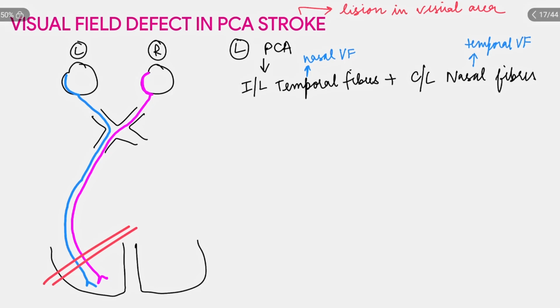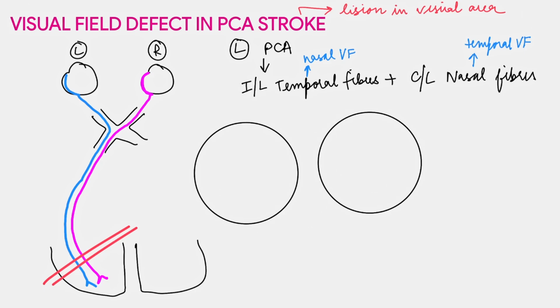So if I have to draw, if this is the eye, this is the left side, this is the right side, not really the defect. You have ipsilateral. In this case, ipsilateral is the left side because we are assuming that the stroke is on the left side.